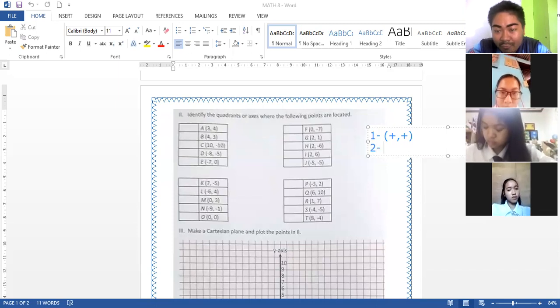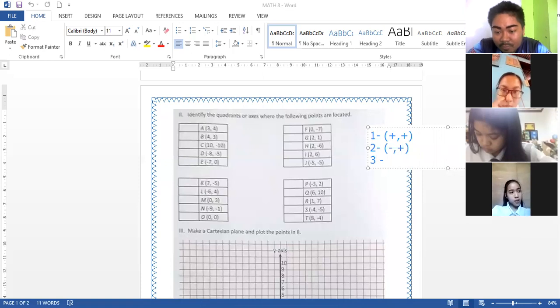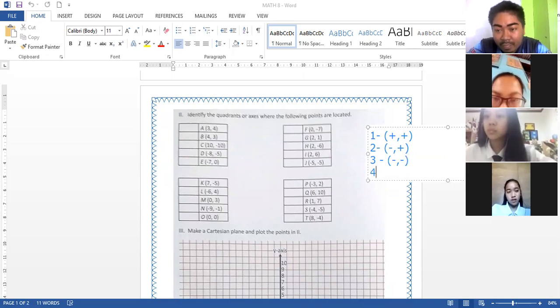Quadrant 2, we have negative, positive. Okay. How about quadrant 3? Negative, negative. Next, quadrant 4 is positive, negative.